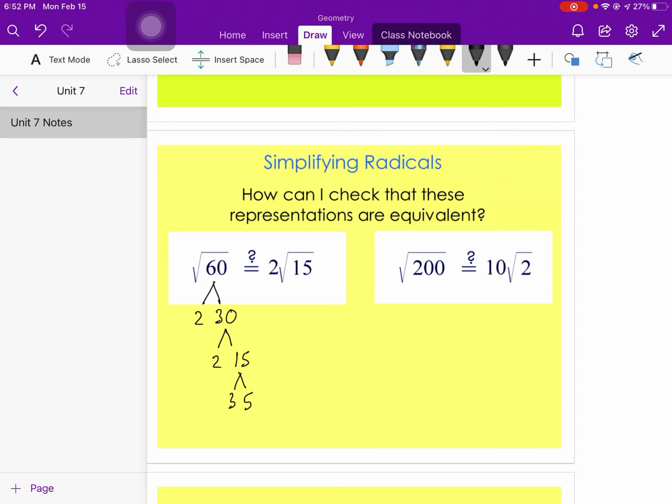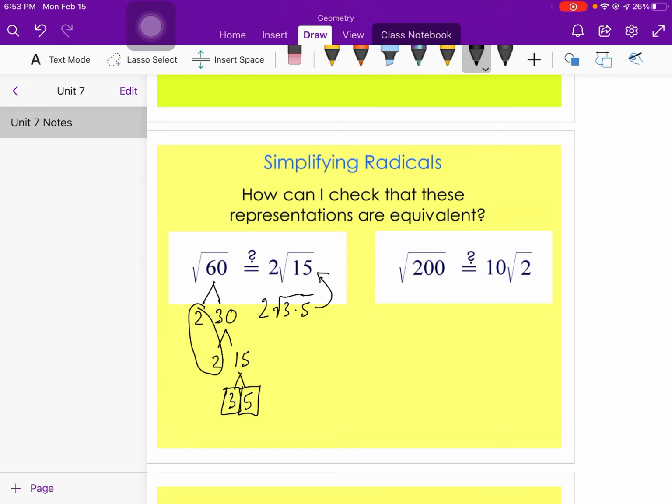Now, we're taking the square root, so we're looking for groups of 2 that are the same number. So in this case, we have a pair of 2's, but 3 and 5, they don't belong. Sometimes I like to box them because they're actually going to stay underneath the radical. So this pair of 2's is going to come out as a single 2, and then 3 and 5 are left inside, but we have to multiply them.